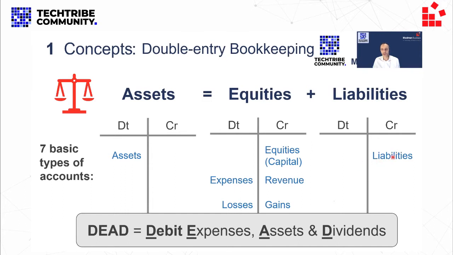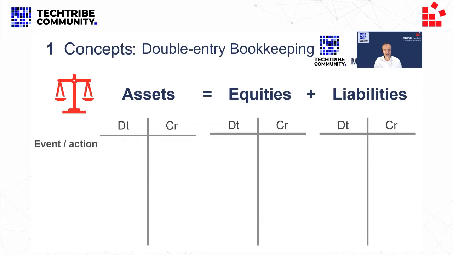If you credit a liability account, it means you will increase the liability. Whereas for expenses, assets, and dividends, they sit on the debit side. So if you debit an asset, you will increase the asset. If you're not familiar with this already, it might seem a little bit confusing, but just remember this acronym. And I'll show you some examples just now that might help you understand it a little bit better.